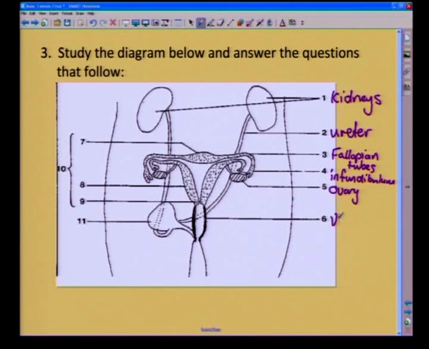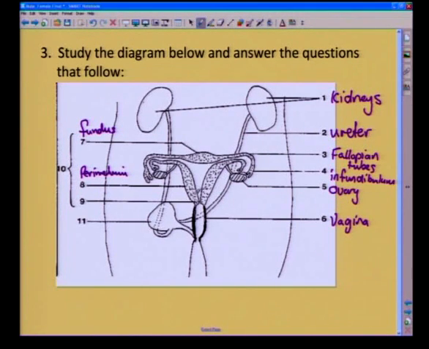6 is the vagina. 7 is the fundus. Remember, it's the top part of the uterus, so that's the fundus. 8 is going to be the outside, so I would put it as the perimetrium.